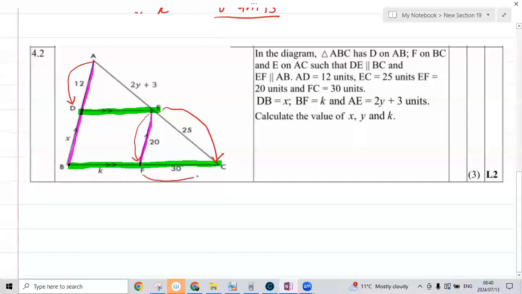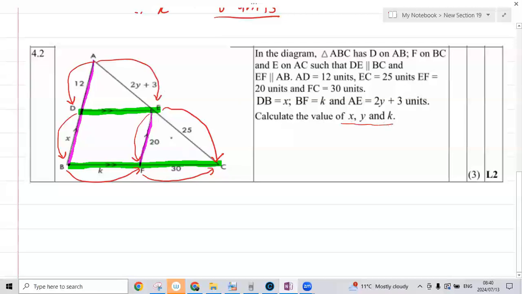They're telling us that DB is equal to X, and BF is equal to K. AE is 2y plus 3. Calculate the values of X, Y, and K.